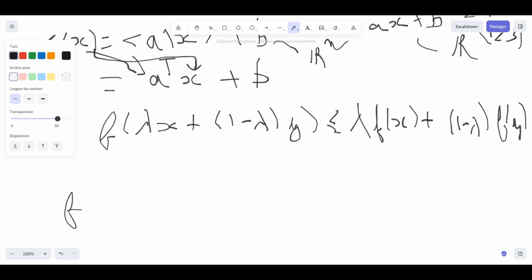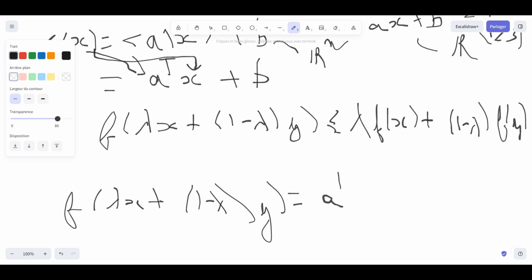So we want this, as we say, so we have this, and that's equal to f of, so here it will become a dagger first. Instead of x, now we have this, so this and this do not change, and this, it was this, but now this is this.